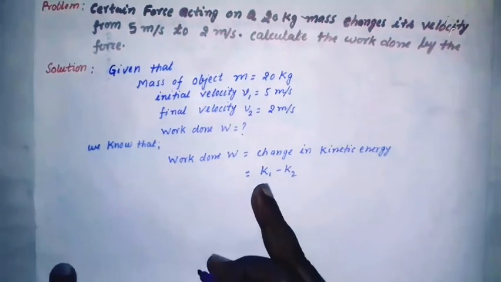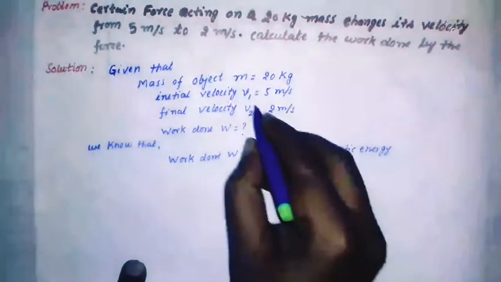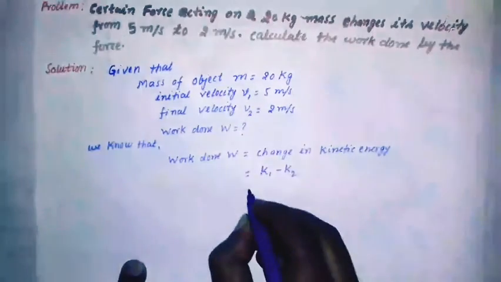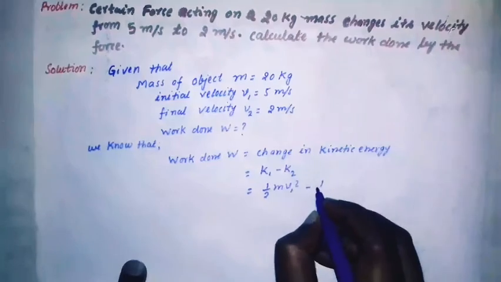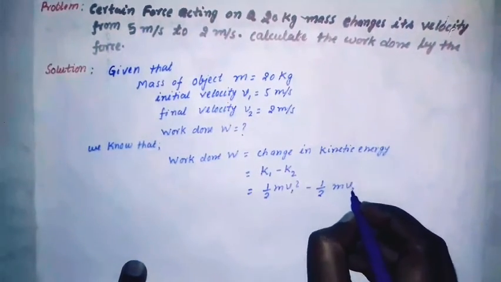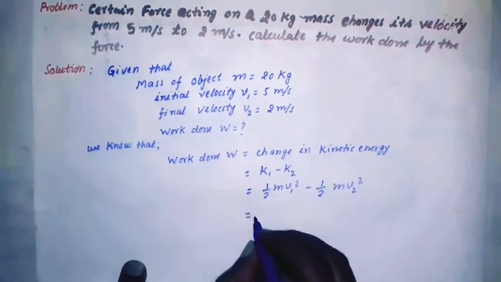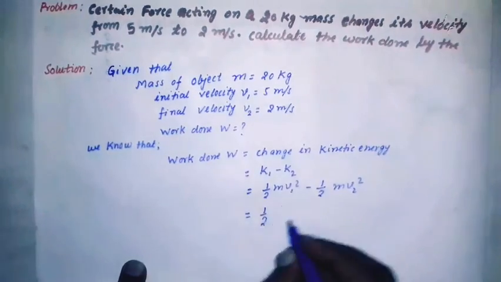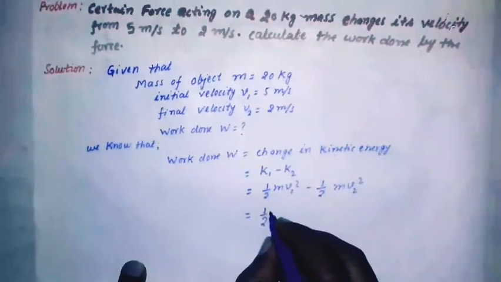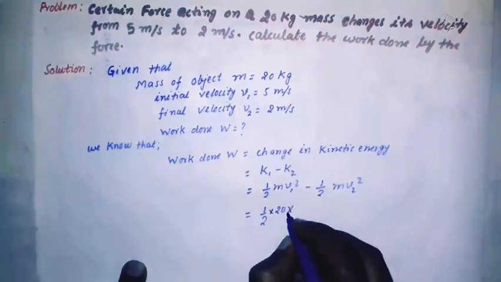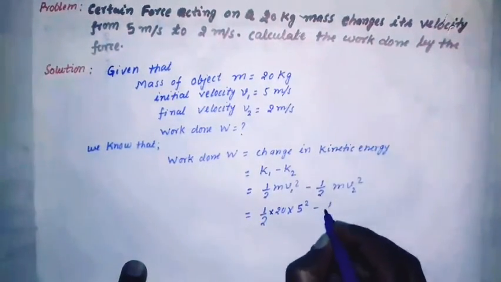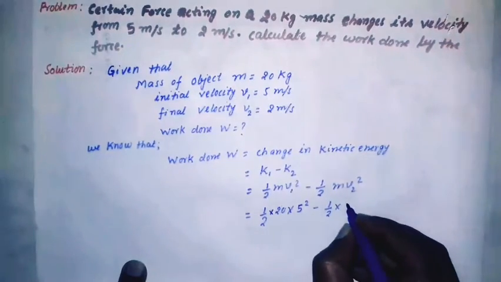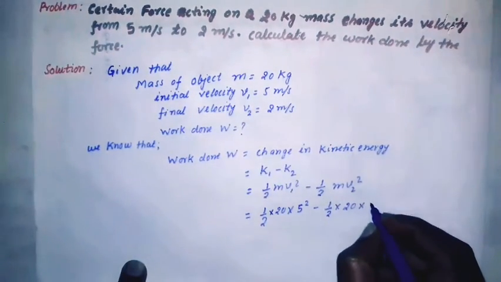So let us calculate this K1. This is half m v1 square, minus half m v2 square. So put down the values. That is half, m is 20, and this v1 square is 5 square, minus half, m is 20, into 2 square.